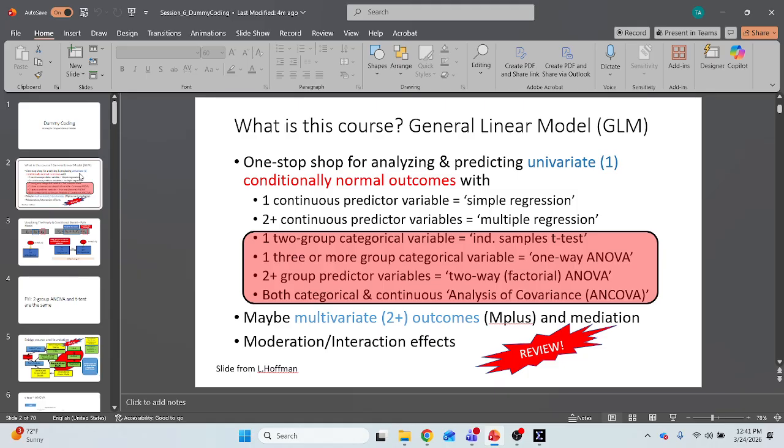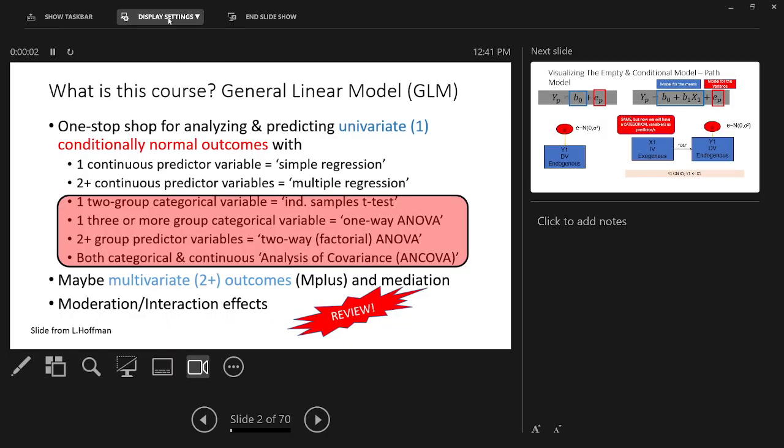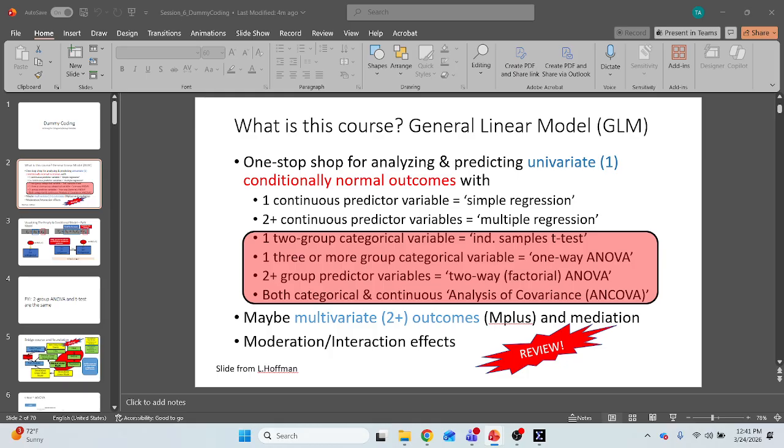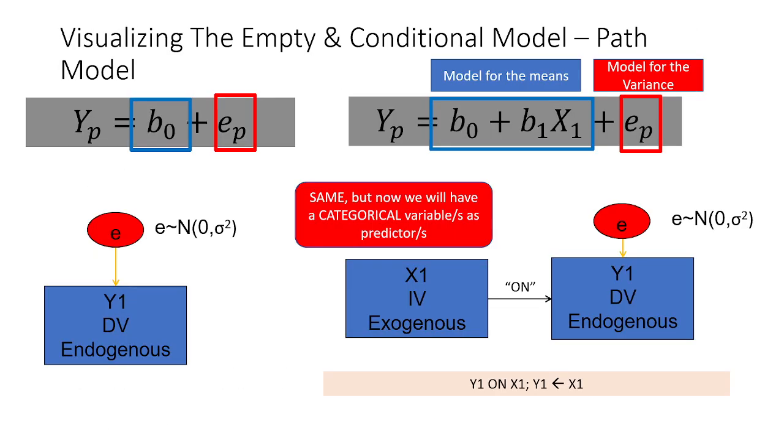Remember, with ANOVA you can only do groups, but what if you have groups and other things? So again, GLM is this unifying framework of data analysis, and we are going to see how you can do ANOVAs and t-tests in a regression or GLM format.